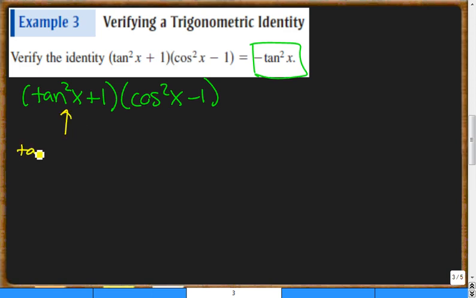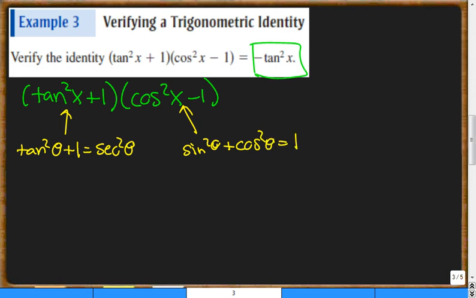So I know that tangent squared theta plus 1 equals secant squared theta. That could be helpful. And I also know that sine squared theta plus cosine squared theta equals 1. So what I want to use for this is, well, this plugs in perfectly, but to get cosine squared theta minus 1, cosine squared theta minus 1 would equal negative sine squared of theta.